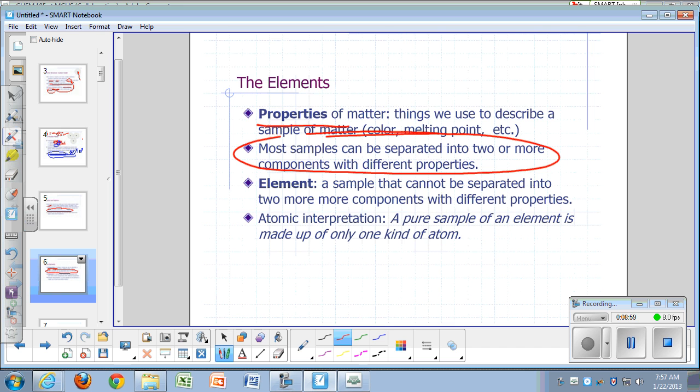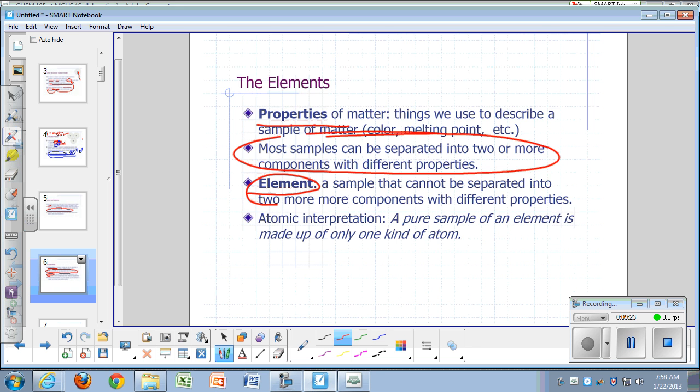Ultimately, if you keep doing that, you get to a point where you have a sample that you can no longer separate into 2 or more components with different properties. You might separate it into 2 parts, but those parts would have the same properties. At that point, you have what is called an element. So an element is a sample that you cannot separate into 2 or more components that have different properties.